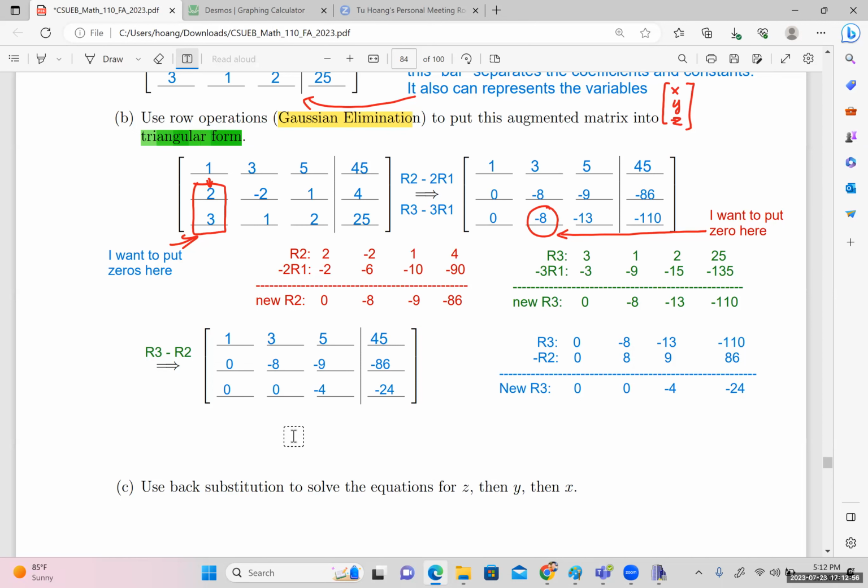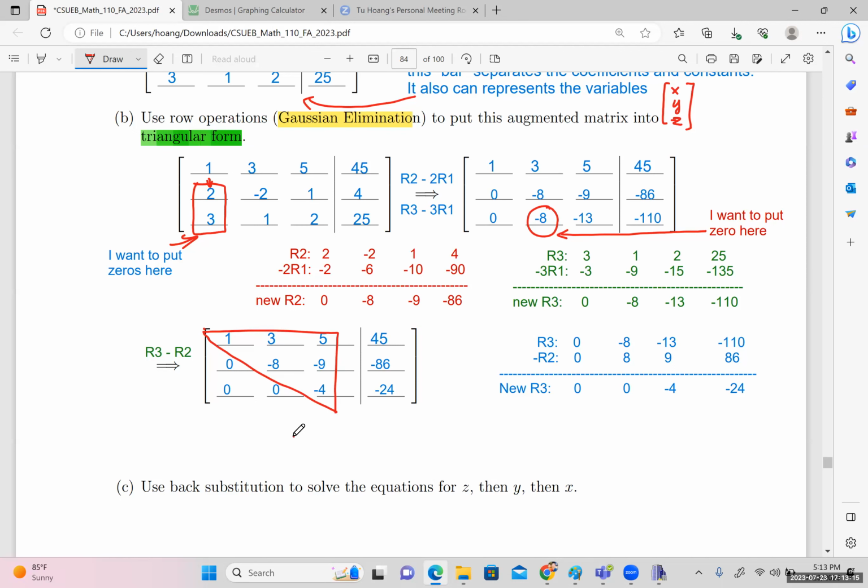So now, if you draw 3 lines bounding all the non-zero numbers on the left-hand side of the matrix, you will see this right triangle.